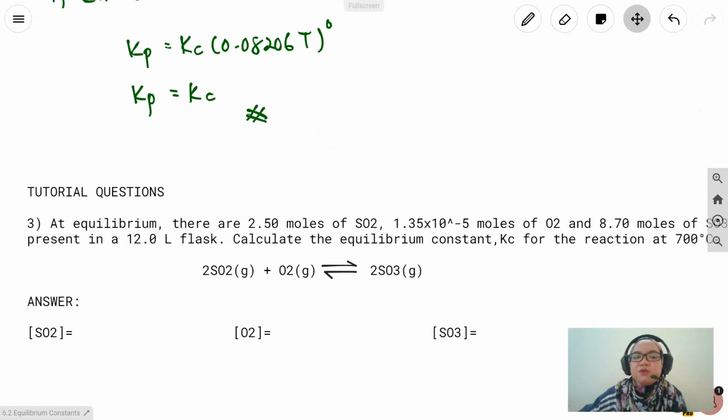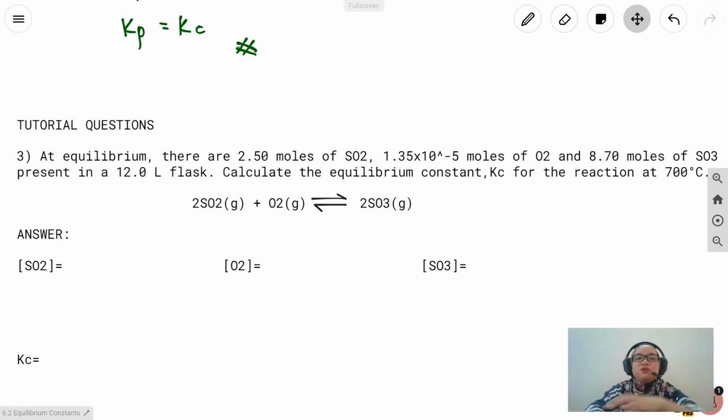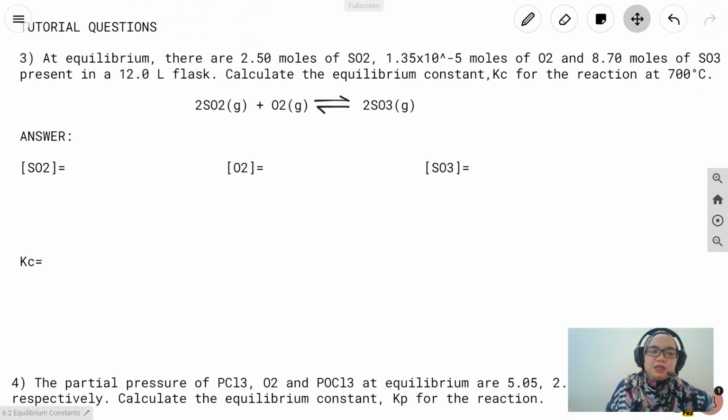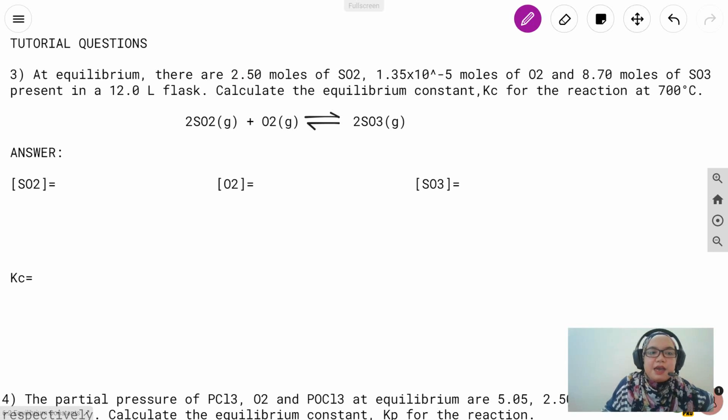Okay. So now we're going to answer a few of the tutorial questions. Let's look at question 3. Question 3 says that at equilibrium, there are 2.5 moles of sulfur dioxide, 1.35 times 10 to the power of negative 5 moles of oxygen, and 8.7 moles of sulfur trioxide present in a 12-liter flask.